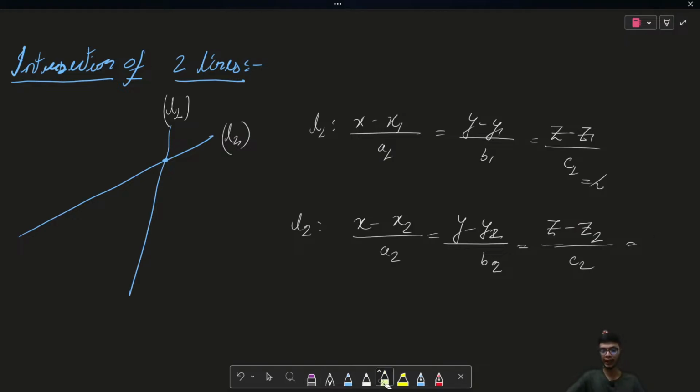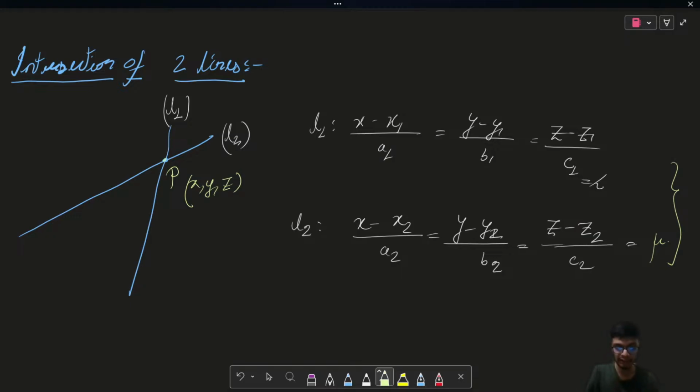Alright, so if we have this following construction of the problem, and if I say that the common point where the lines are intersecting, let us say that particular point is P, and that is an unknown or variable point, let me denote it by x, y and z.